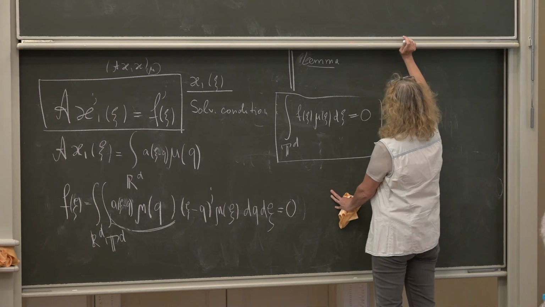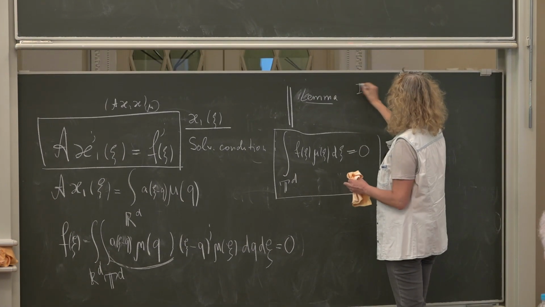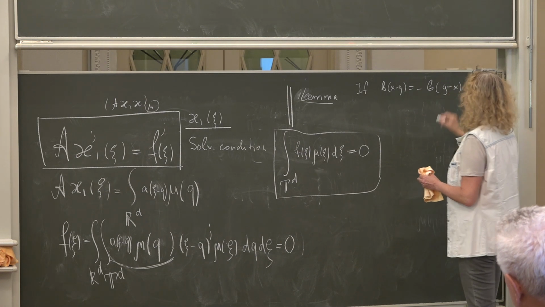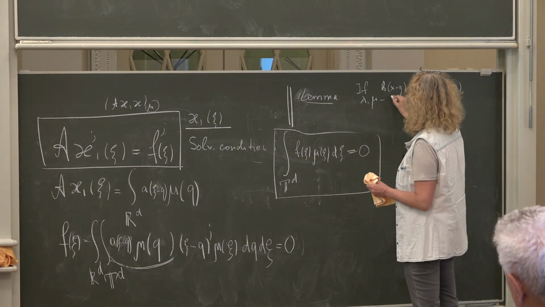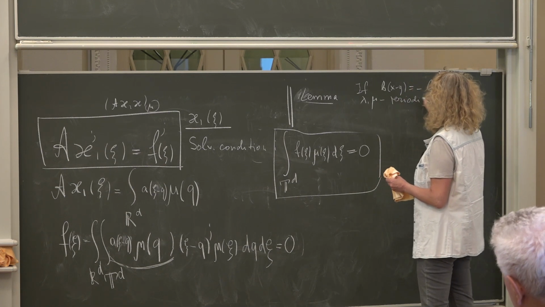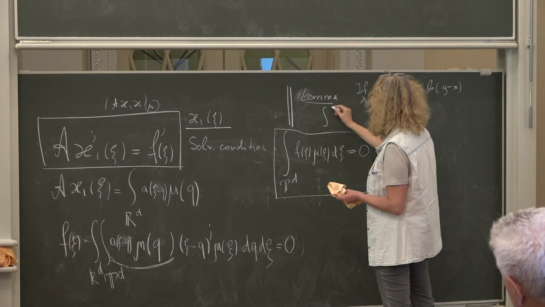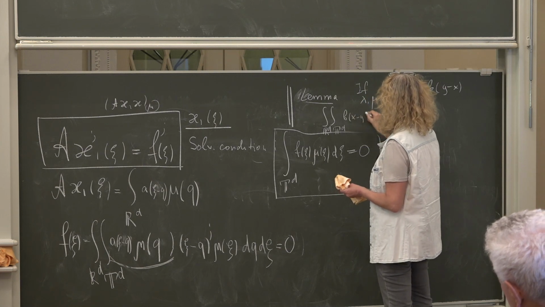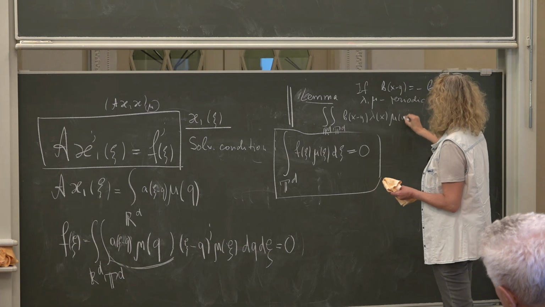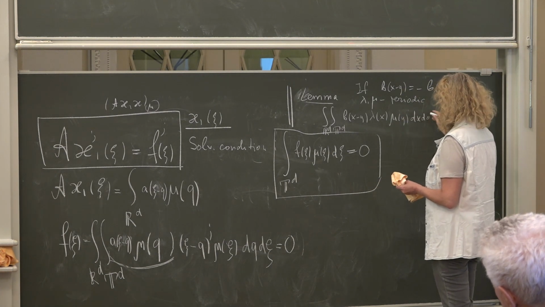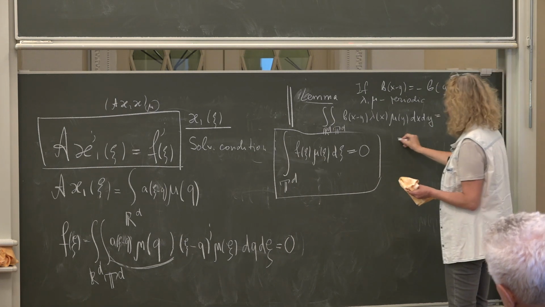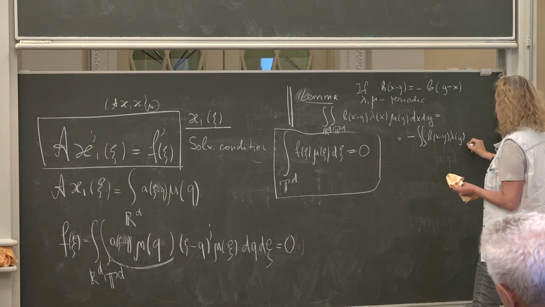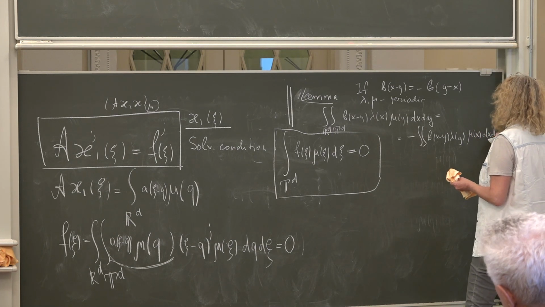So if we have a function which satisfies the following form, and lambda and mu periodic functions, then the double integral in RD and on the torus of b(x minus y) lambda(x) mu(y) dx dy is equal to minus the integral of b(x minus y) lambda(y) mu(x) dx dy.